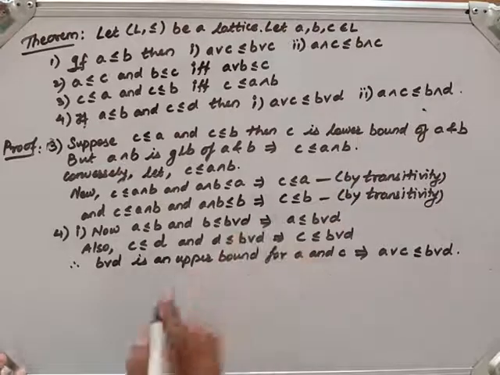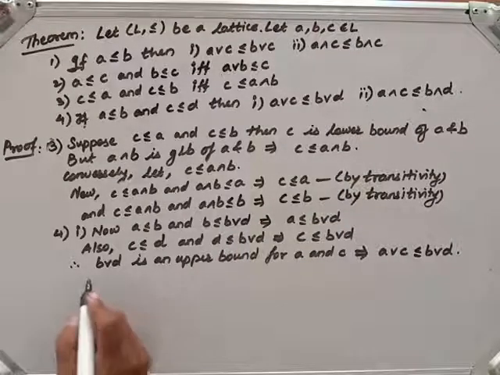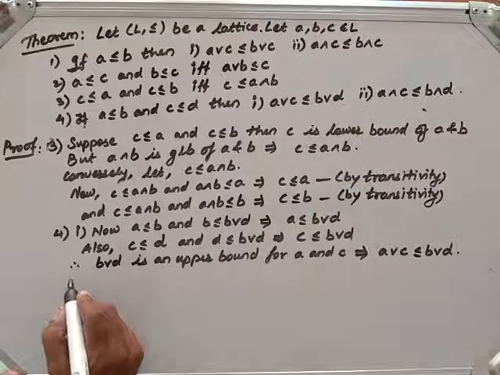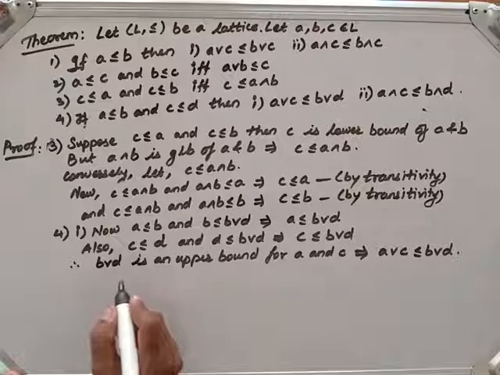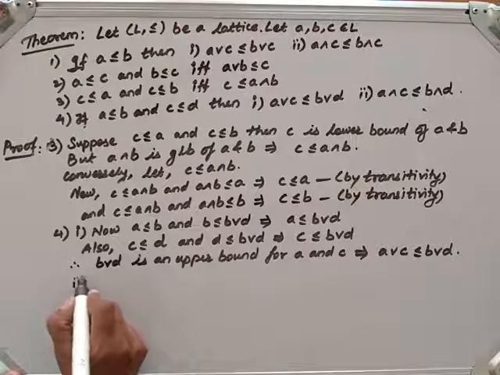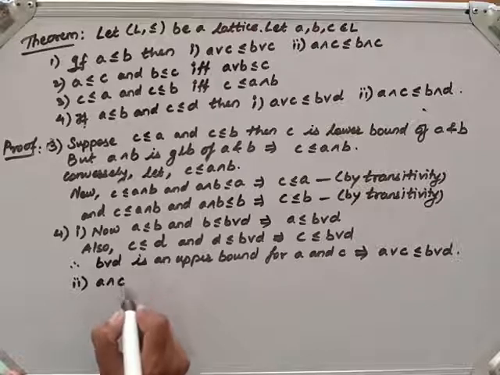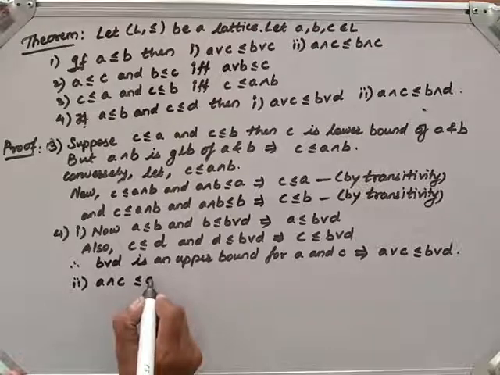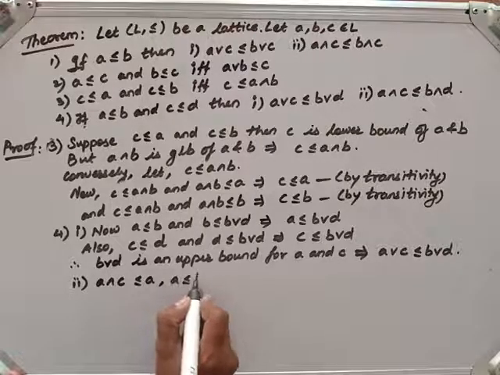Now let us prove the next one, another one. What does that say? The second one: A meet C is related to A and A is related to whom?